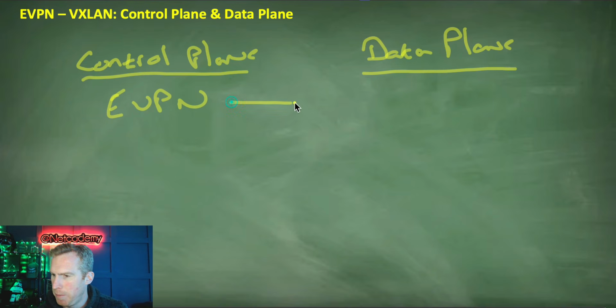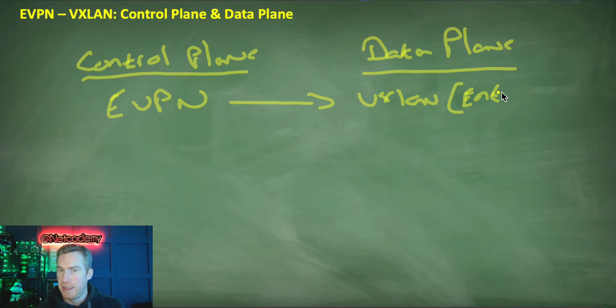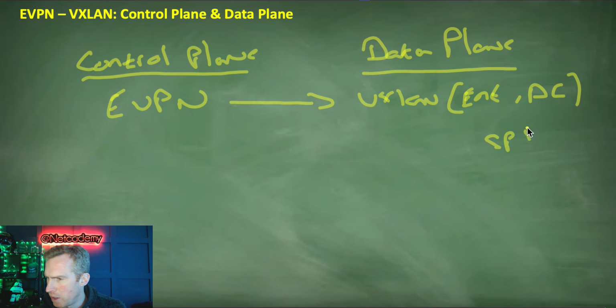With EVPN, you could have, as we've gone through, VXLAN. This is very common, or becoming very common, in the enterprise network as well as in data center environments. But what about the service provider network?